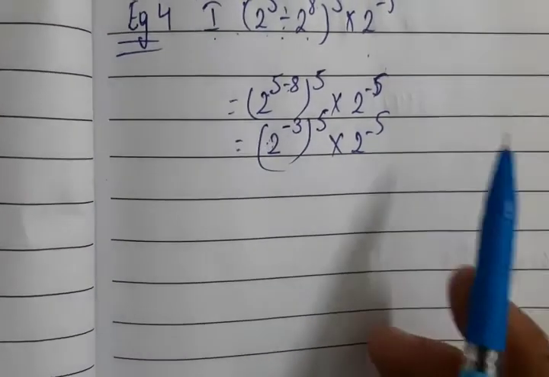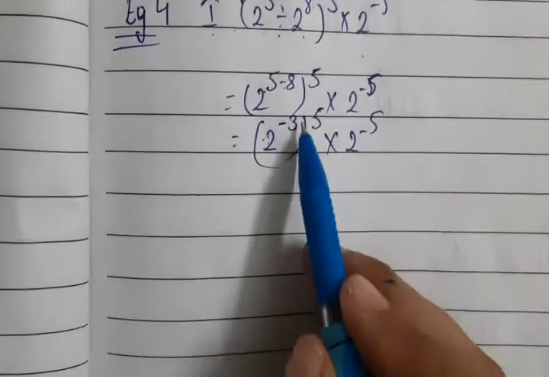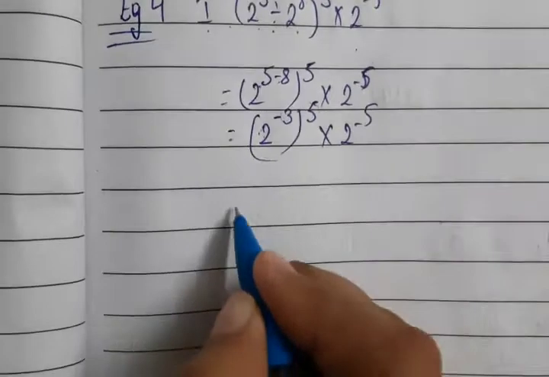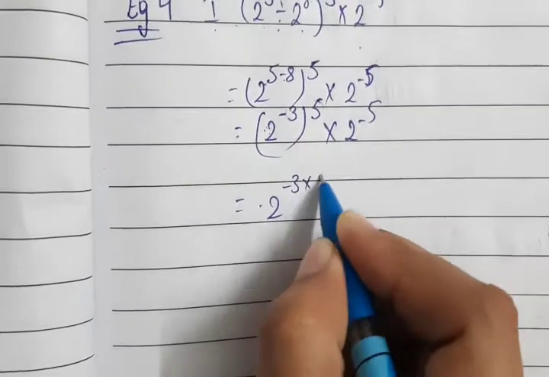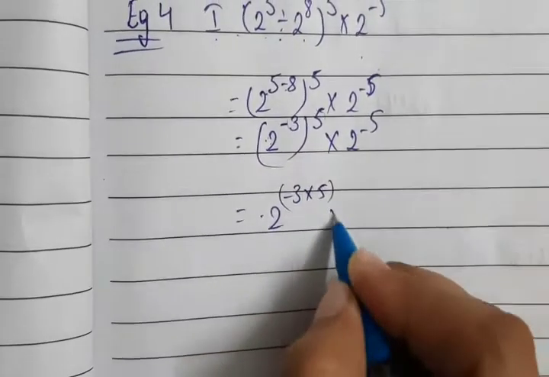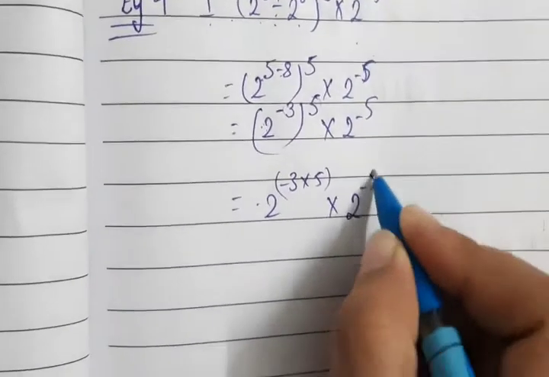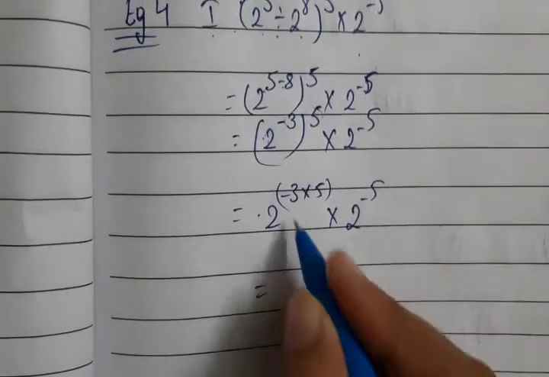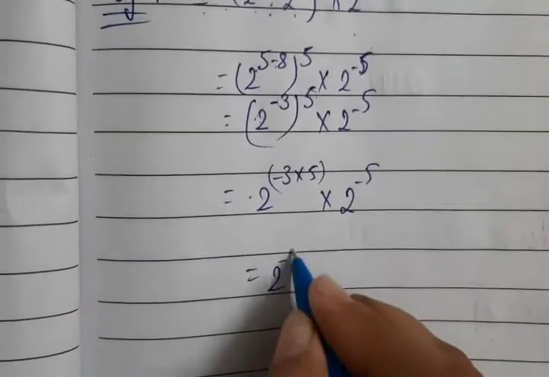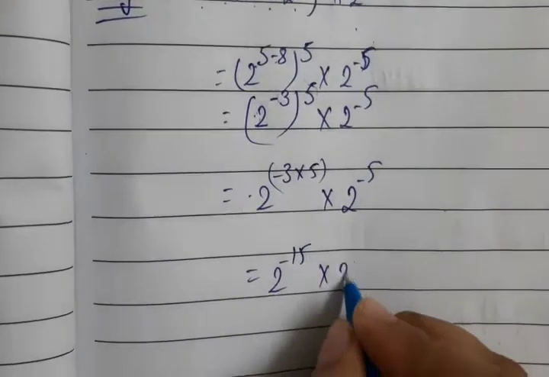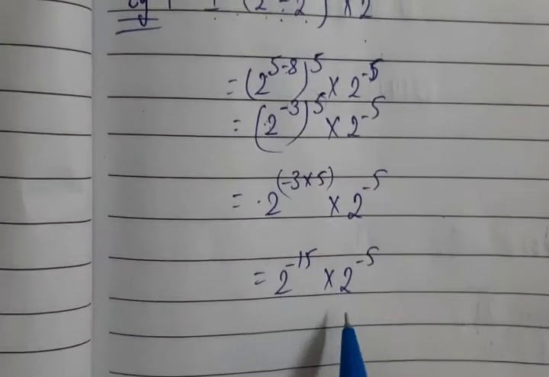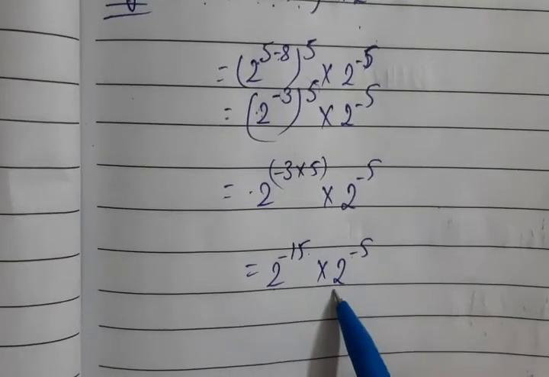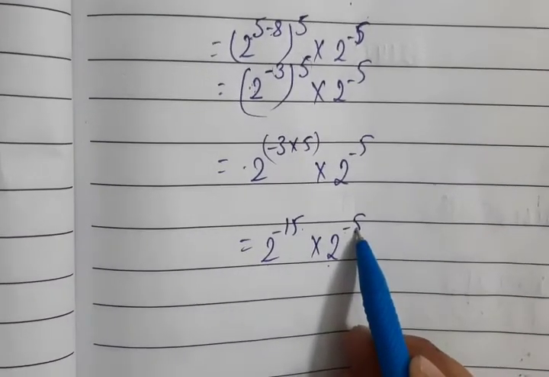a raised to power m, whole raised to power n. Then what will we do? Multiply these two powers. Then what will we get? 2 raised to power minus 3 into 5, into 2 raised to power minus 5, is equal to 2 raised to power minus 15 into 2 raised to power minus 5. Now the first law, a raised to power m into a raised to power n is equal to a raised to power m plus n.